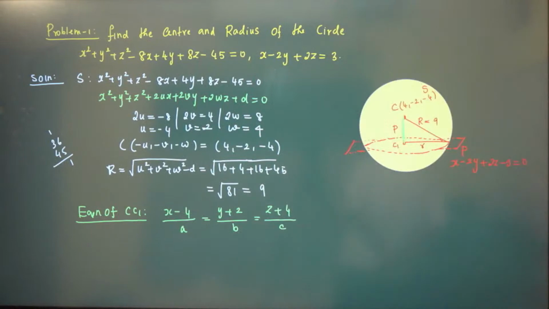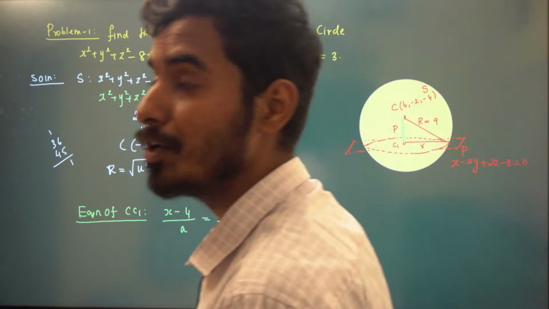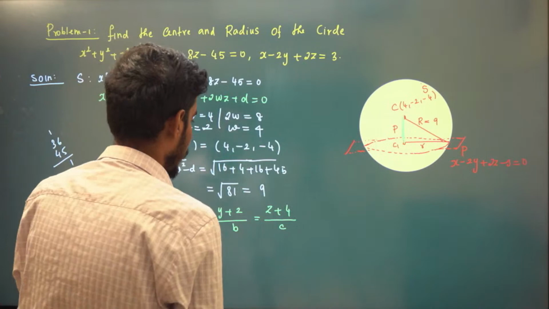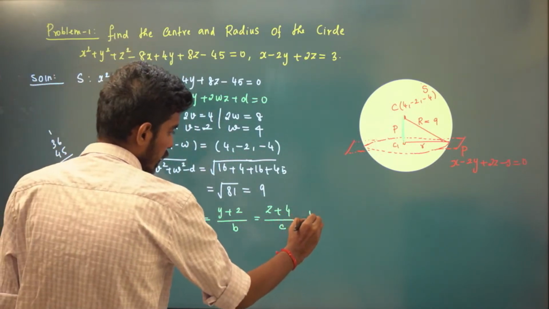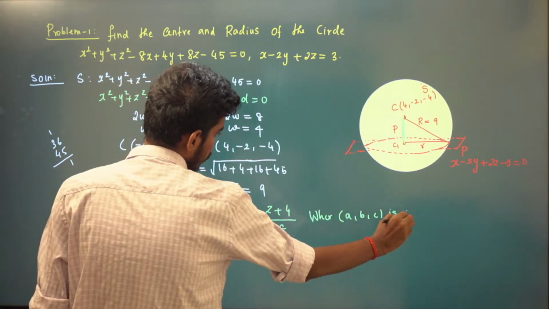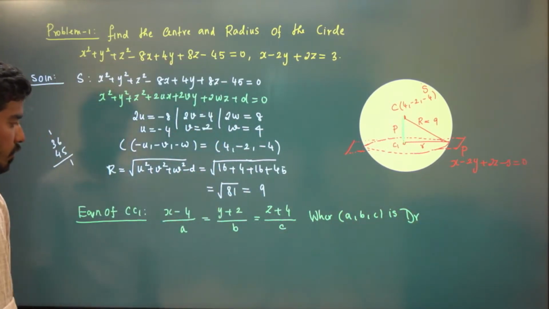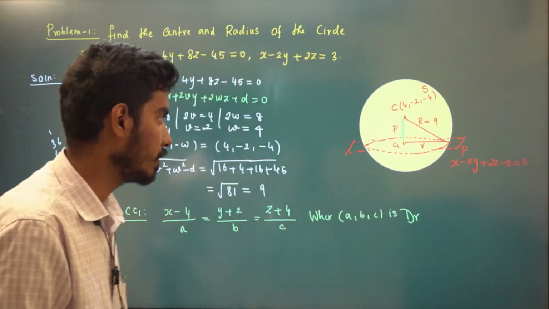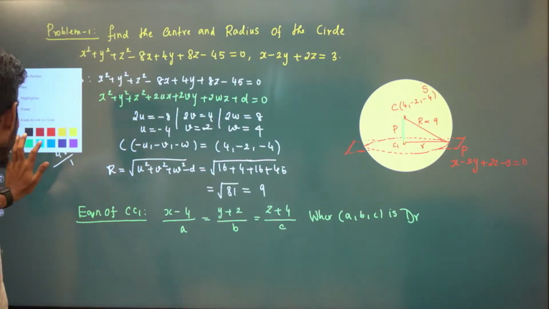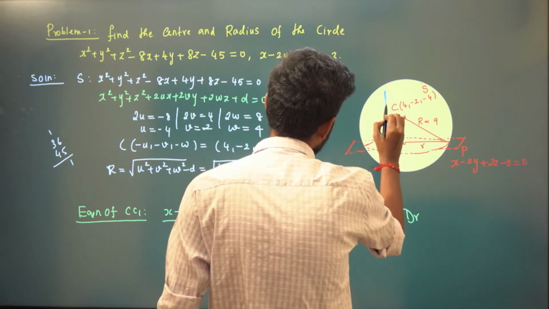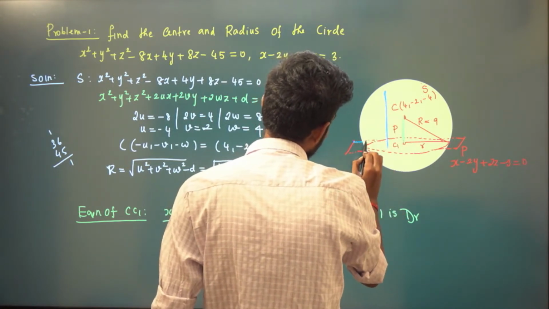To find the equation of a line in symmetrical form, we should know any one point and the direction ratio, where a, b, c is the direction ratio.